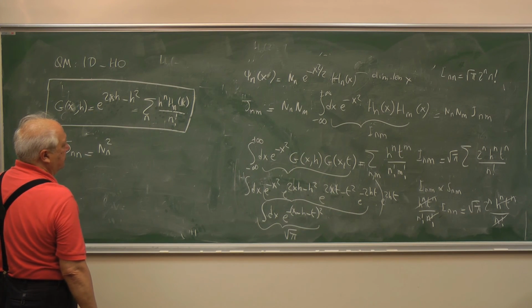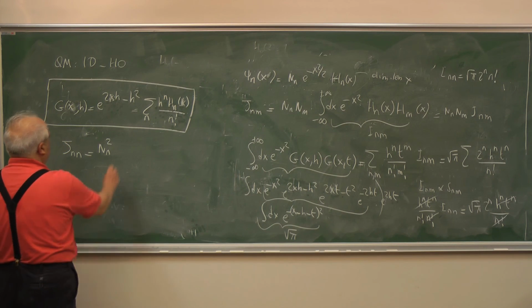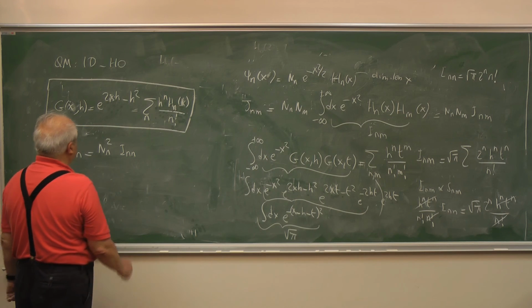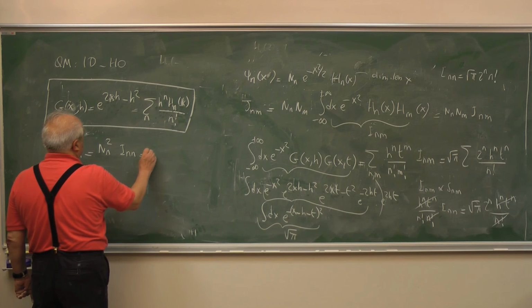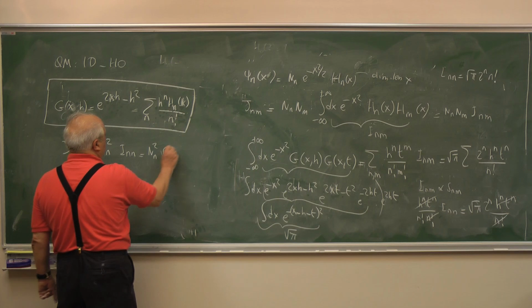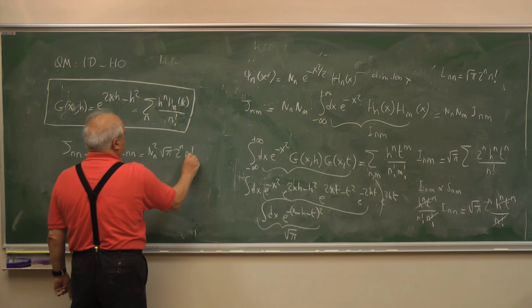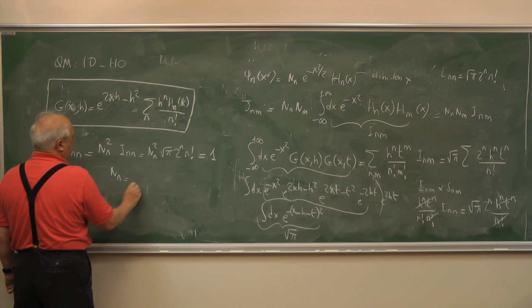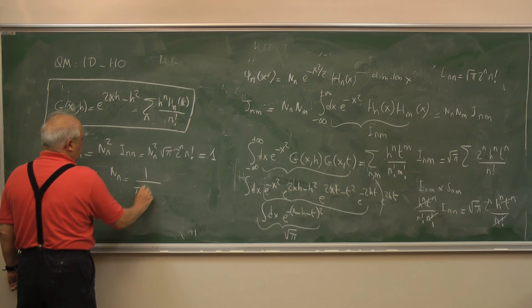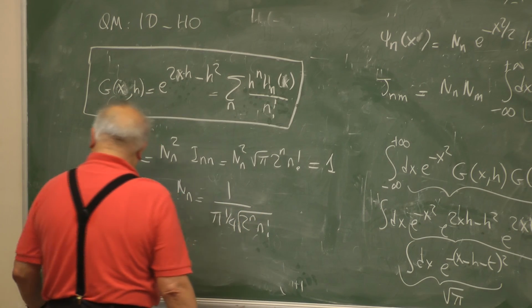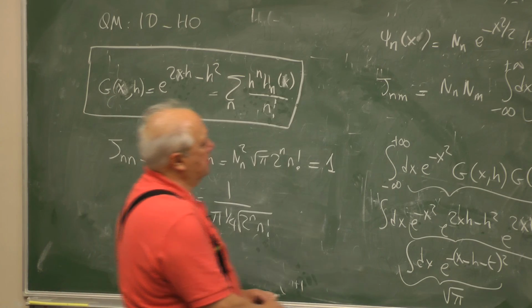J nn is equal to N n squared times I nn, and we want this to be 1. So N n squared root pi 2 to the n, n factorial is equal to 1. Therefore, N n is equal to 1 over pi to the 1 over 4 times root of 2 to the n factorial. So finally, we have the normalized wave function.